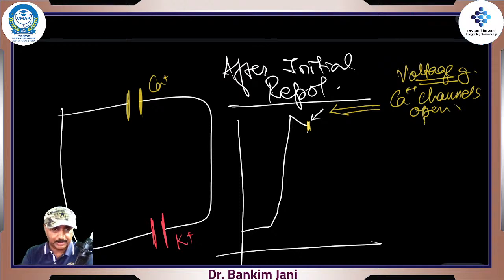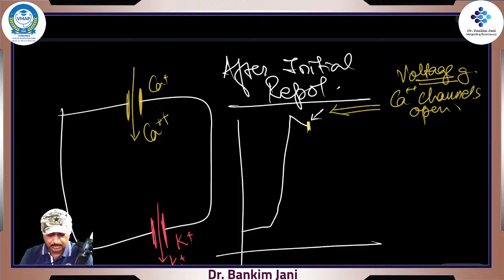These voltage gated calcium channels open, and calcium would gush in, come inside. But at the same time, potassium is leaving, going out. So what really happens? Calcium ions are coming in, and potassium ions are going out.